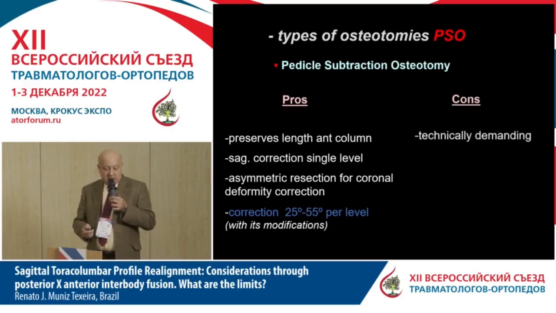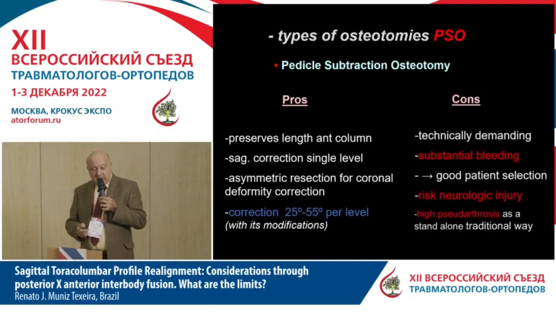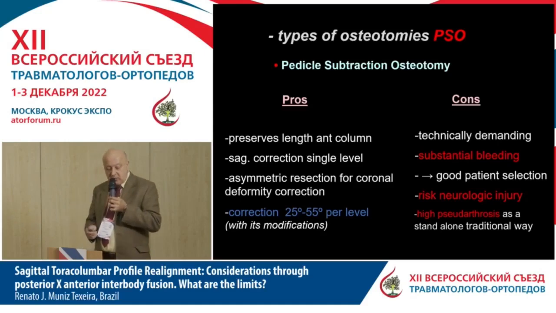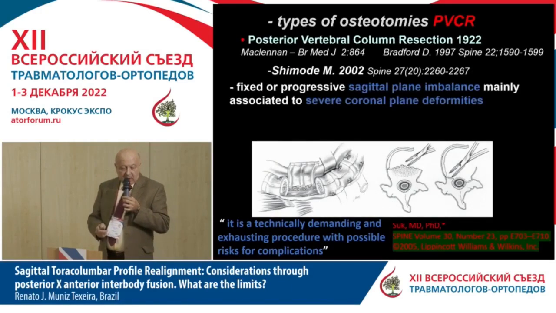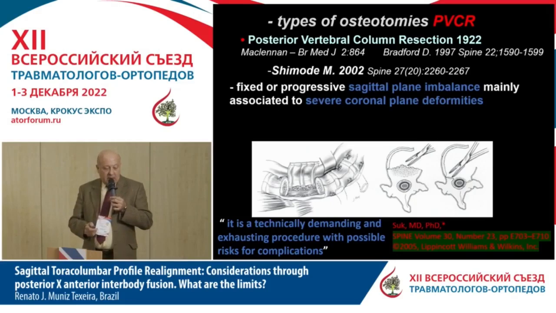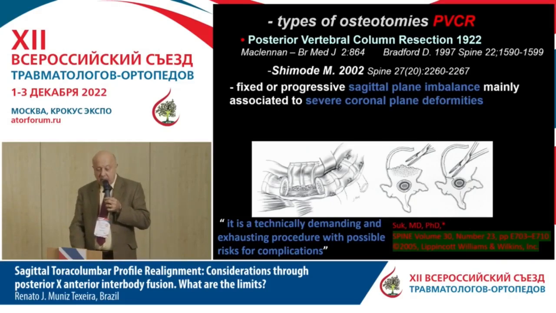Cons: technically demanding, substantial bleeding, good patient selection, risk of neurologic injury, high pseudarthrosis as a standalone traditional way. VCR is a technically demanding and exhausting procedure with possible risk of complications.